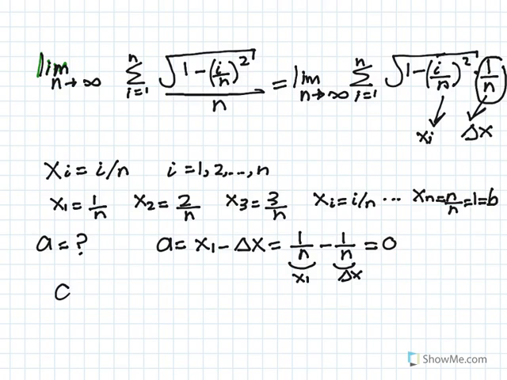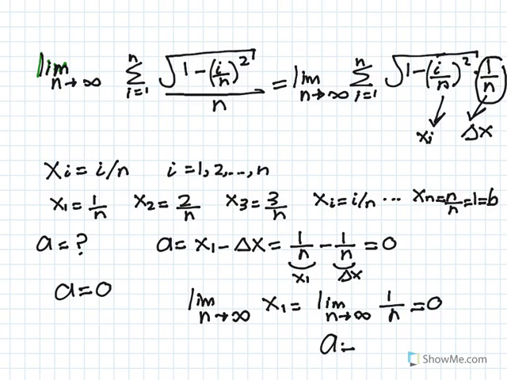So a is 0. Another way of finding a is a memory tool that you can use. Take the limit as n goes to infinity of x1, which is the limit as n goes to infinity of 1 over n, which is 0. And that's a. A is 0. Both methods are acceptable. The first method is more mathematically rigorous. The second method is more of a memory tool.